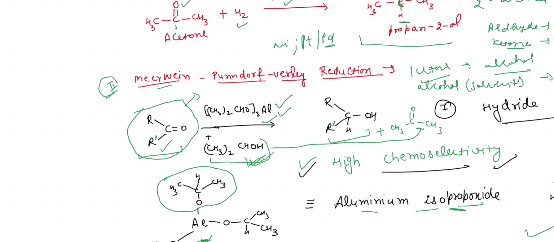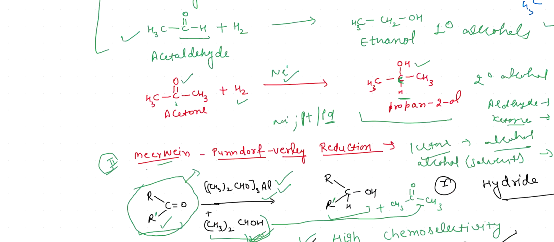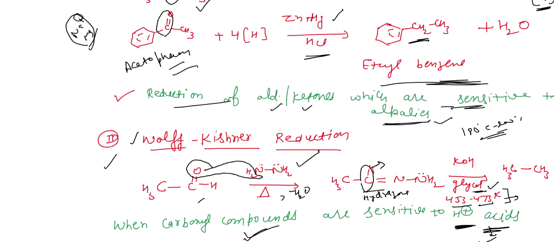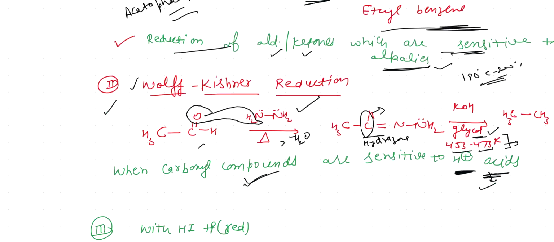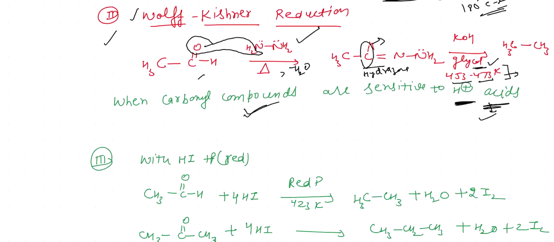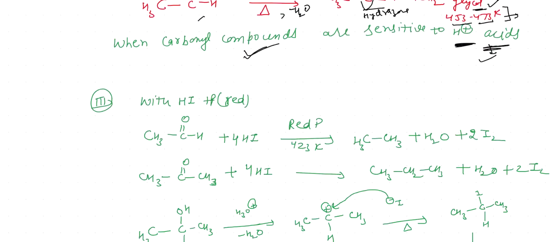So the next is reaction with hydrogen iodide using red phosphorus.